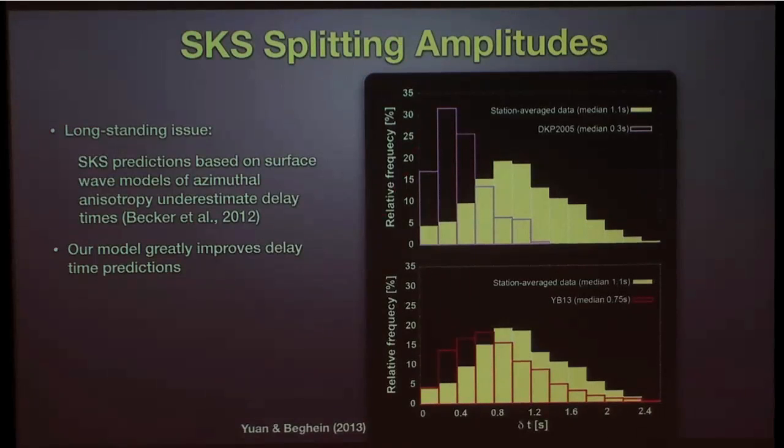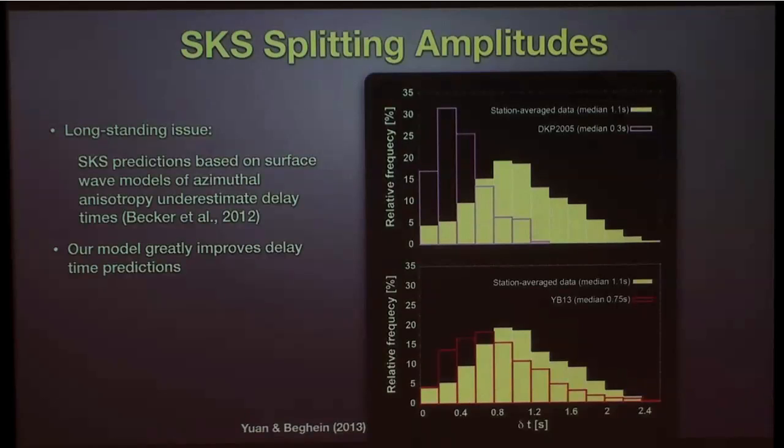And you see this is common with many, many surface wave-based models of azimuthal anisotropy. These models tend to underestimate the delay times of shear wave splitting. But with our model, we were able to better reproduce these delay times. There's still discrepancy, but it was a lot better.